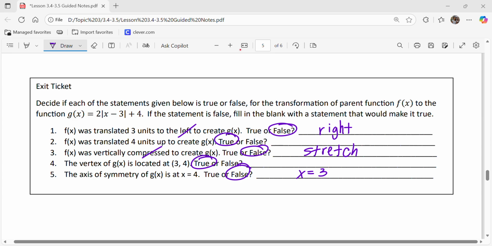So 5 equals, remember that this is absolute value standard form, A times the absolute value of my x value 1 minus negative 1, plus my k.